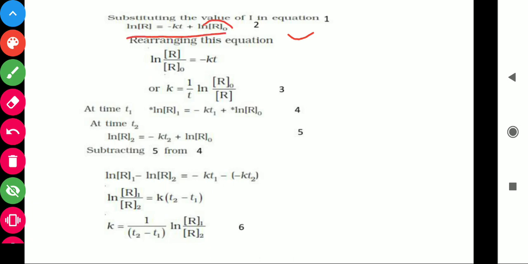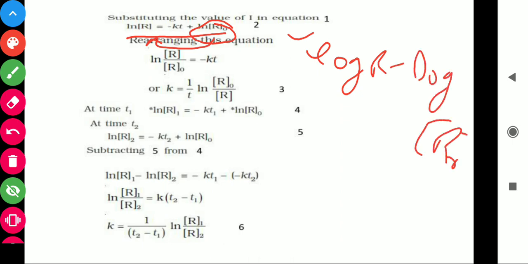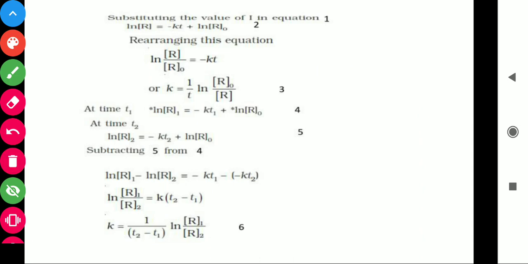Again this ln goes to the other side and becomes minus, meaning ln R minus ln R naught, and when there is minus in log we can keep it in the form of a fraction, R upon R naught. Getting this point, this becomes ln R upon R naught is equal to minus kt.